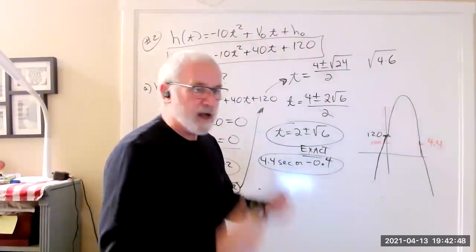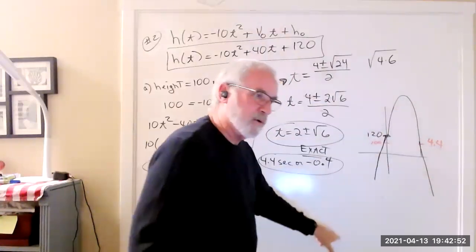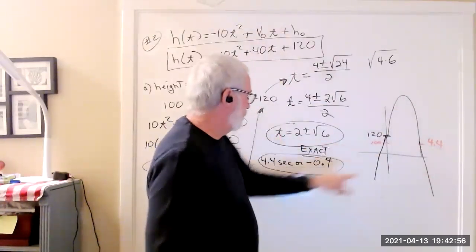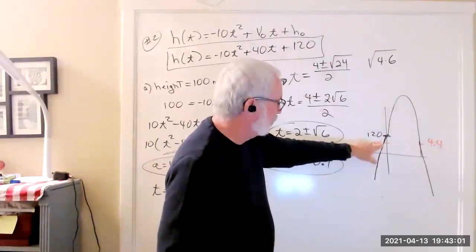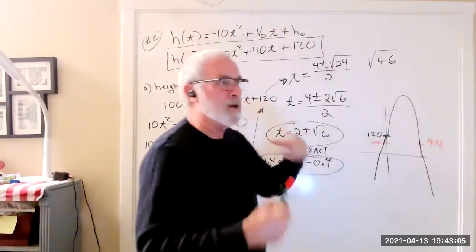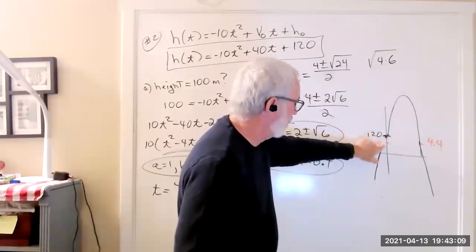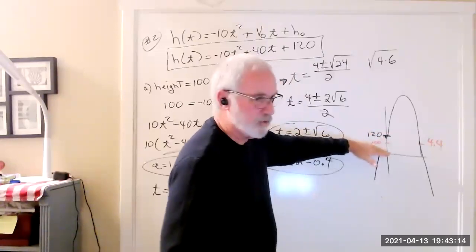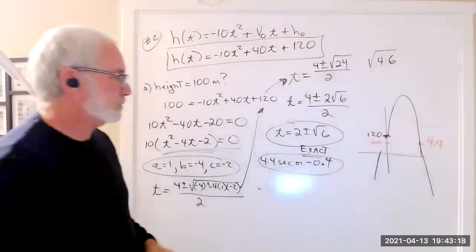So for the algebra, the negative 0.4 is a fine time, but not for reality. Reality says our problem started here, and we could never hit 100. There's a difference between algebra and reality.